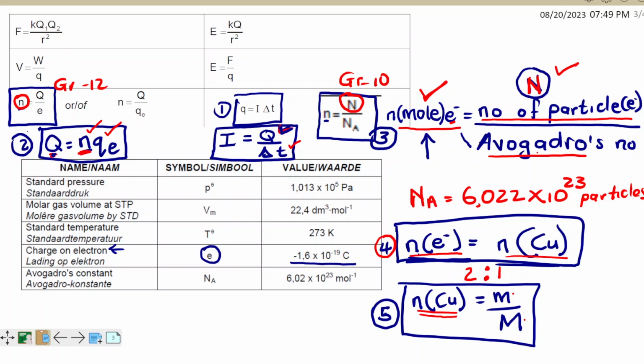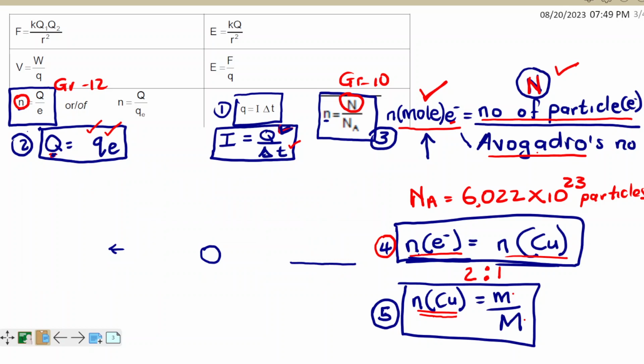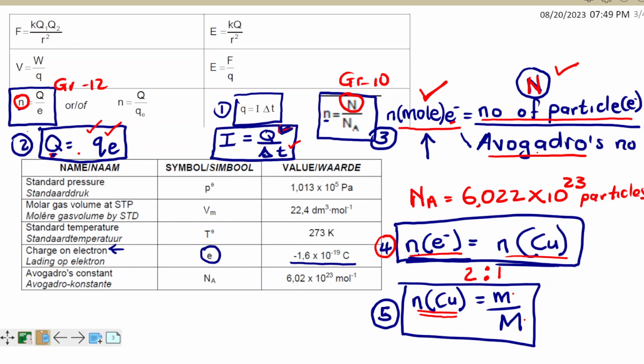Remember I said this n, this small n is just a confusion in grade 12. They were supposed to say capital letter N because it's the same thing.